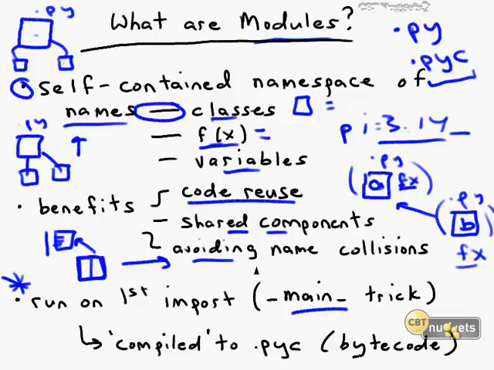And the final point I want to make preliminarily about imported modules is that they are compiled to .pyc bytecode files. So as you're working through the process of developing a Python application and you're importing modules from the standard library or elsewhere, a compiled or semi-compiled bytecode version of that imported file will be copied into your current working directory.